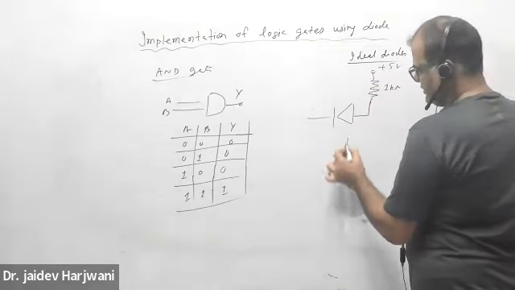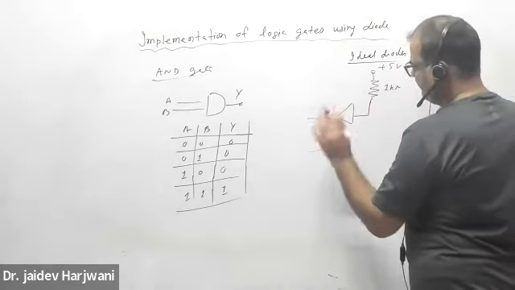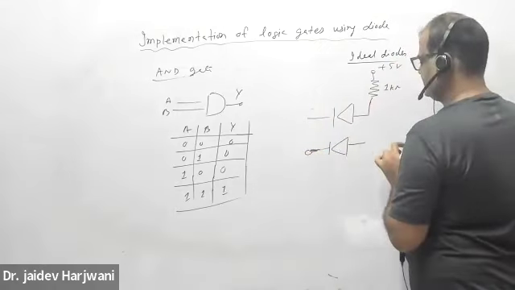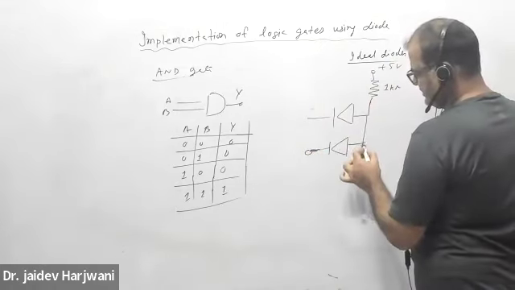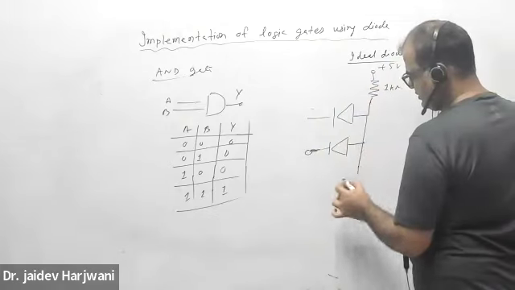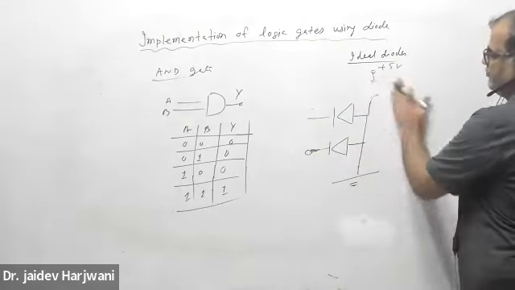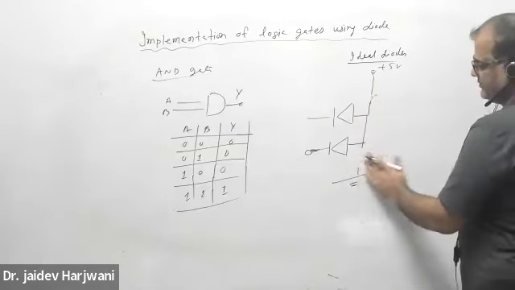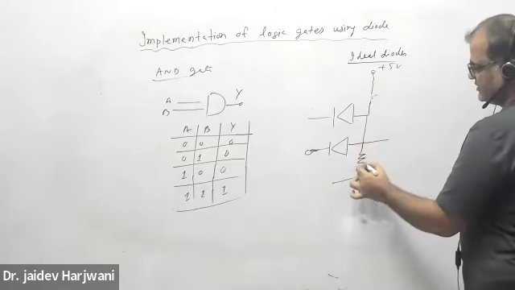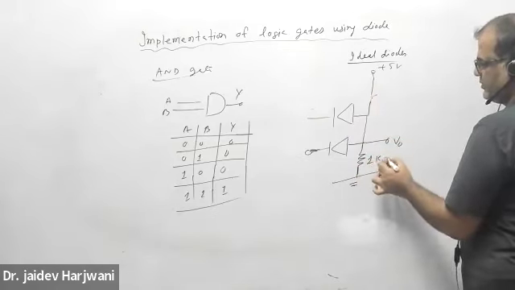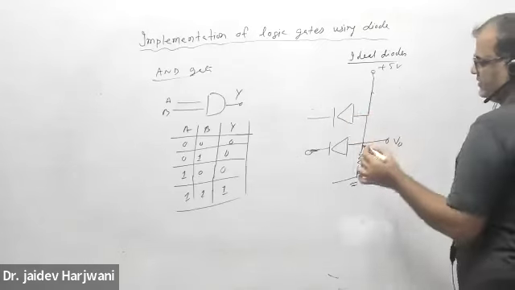Let me write it properly. I connect it like this, and this is ground. Let me put this resistance here and measure V naught here. This is 1 kilo. Now let us see what happens.